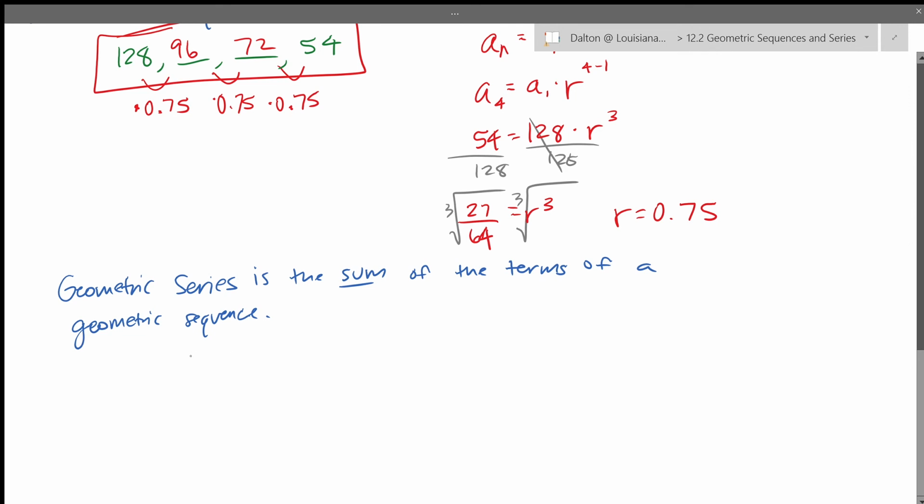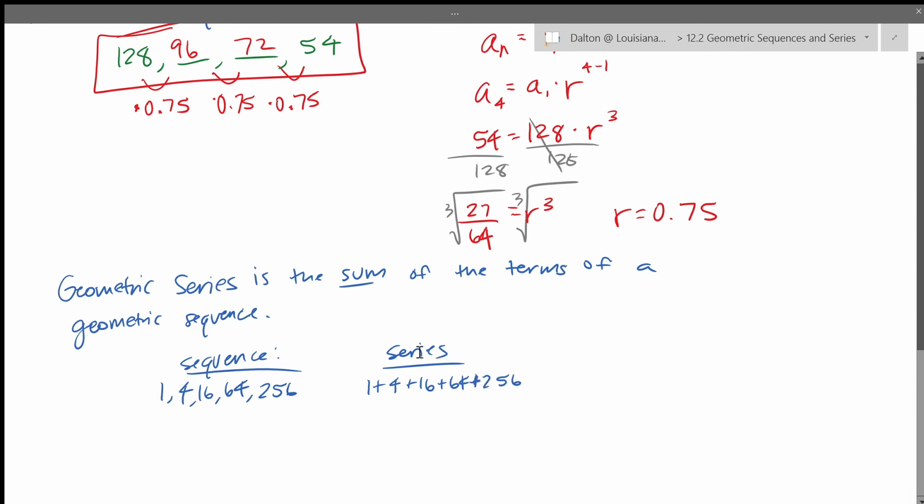So for example, I could give you a sequence of 1, 4, 16, 64, 256, and the corresponding series would be 1 plus 4 plus 16 plus 64 plus 256. And this is enough for the series.